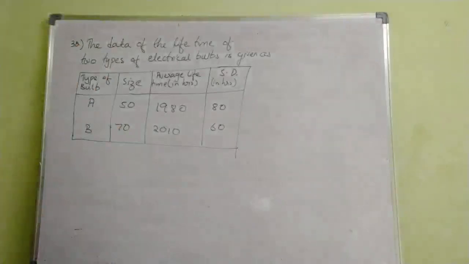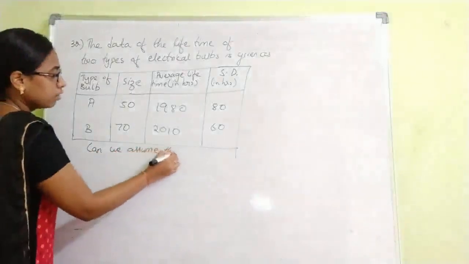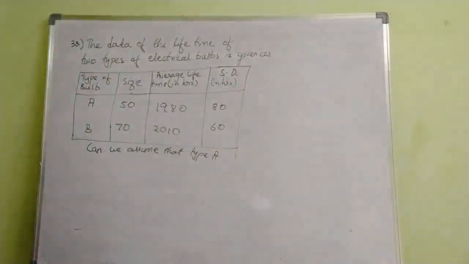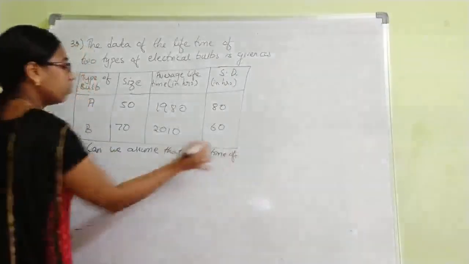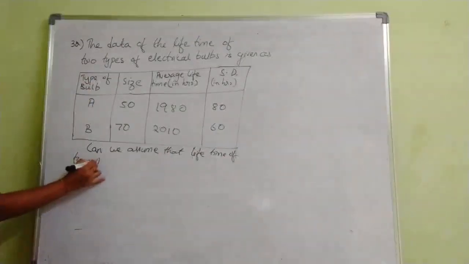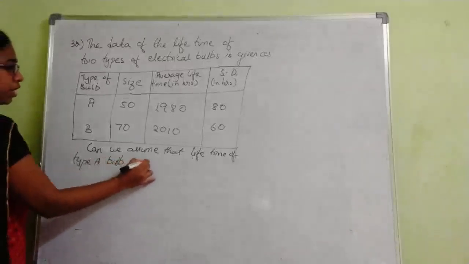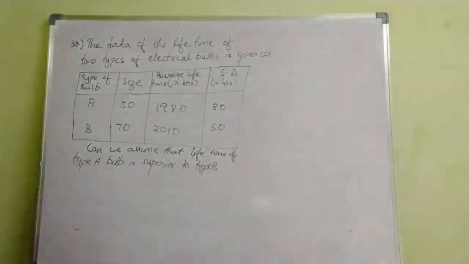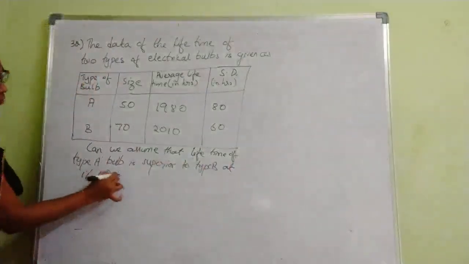For this data, what we have to check is: can we assume that the lifetime of type A bulb is superior to type B at 1% level of significance?